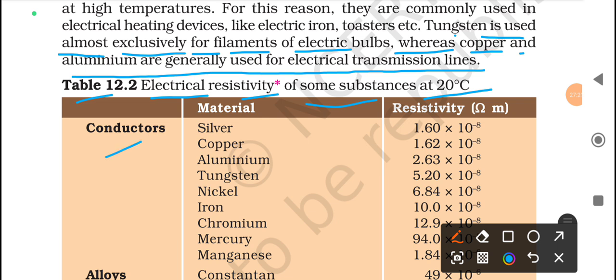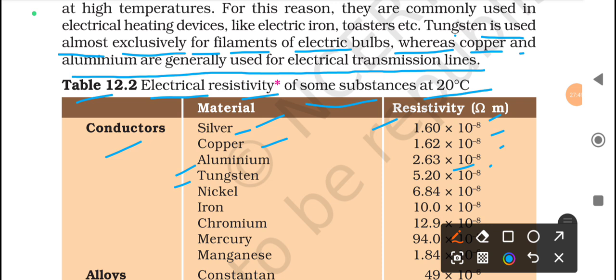Table 12.2: Electrical resistivity of some substances at 20 degrees Celsius. Conductor materials, resistivity in ohm meter. First, silver, resistivity 1.6 into 10 to the power minus 8. Second, copper, resistivity 1.6 into 10 to the power minus 8.